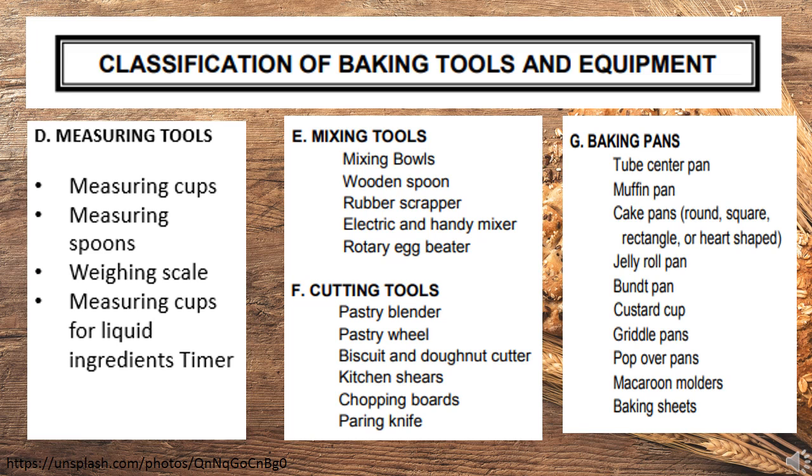The cutting tools are the pastry blender, pastry wheel, biscuit and donut cutter, kitchen shears, chopping boards, and paring knife. Baking pans are the tube center pan, muffin pan, cake pans, jelly roll pan, bundt pan, custard cup, griddle pans, popover pans, macaron molders, and baking sheets.